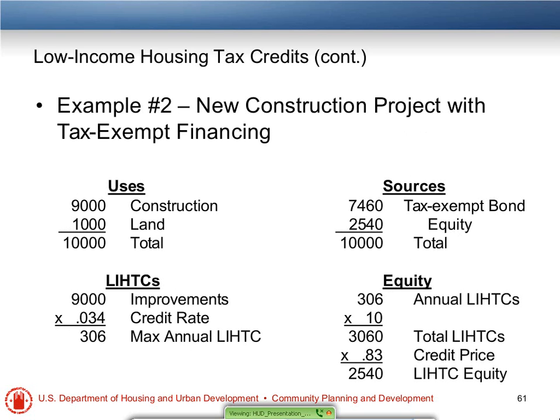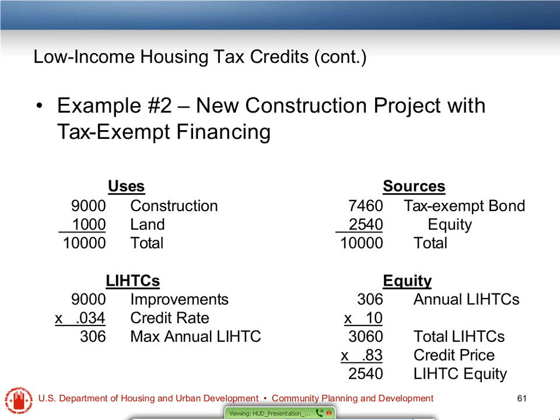Here's a second example of a project with tax-exempt financing. Again, we've got $9 million in construction cost and $1 million in land for a total of $10 million. And we've got $9 million that is part of our low-income housing tax credit basis times our 4% rate, which isn't 4%.